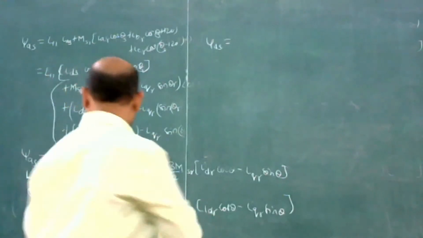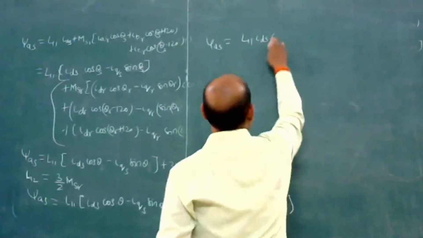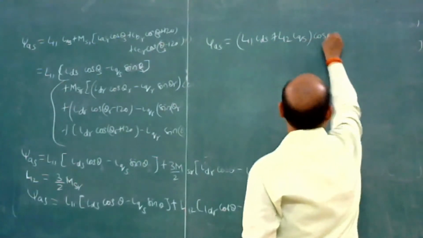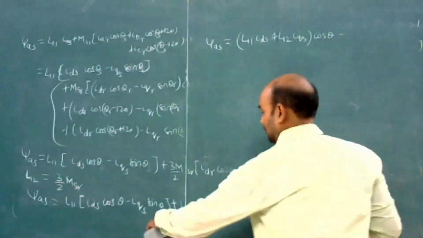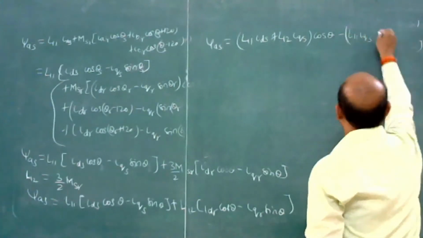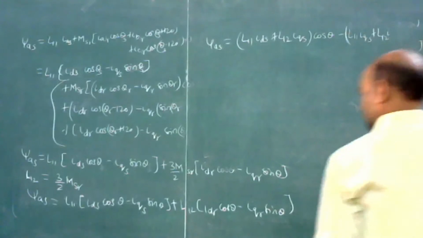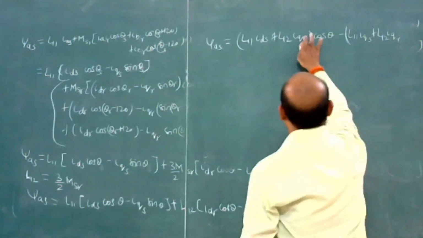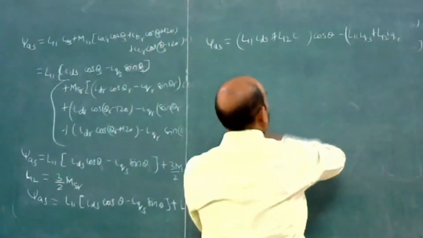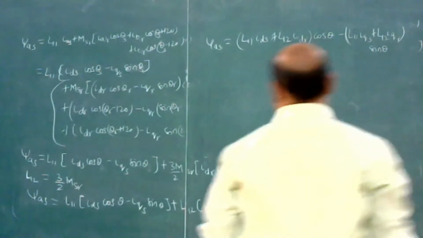Taking cos theta common here, this will be L11 into IDS plus L12 IDR, multiplied by cos theta, minus L11 into IQS plus L12 IQR, multiplied by sin theta.